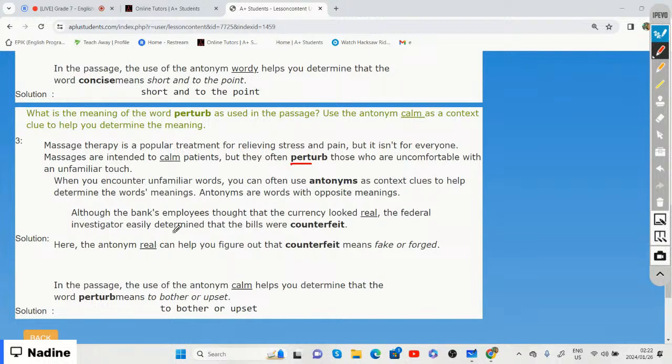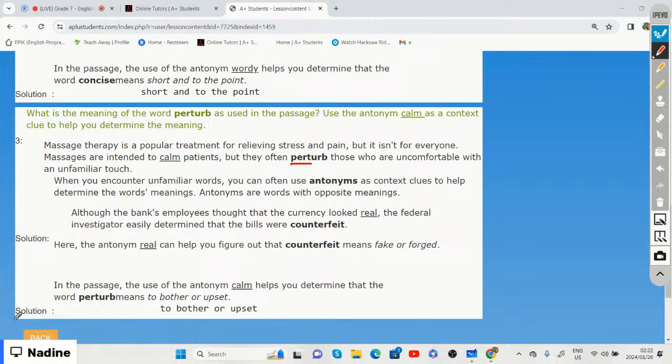So massage therapy is a popular treatment for relieving stress and pain, but it isn't for everyone. Because remember, not everybody feels the calmness and relaxation through massages, right? Depending also on how hard or soft they're giving you the massage.